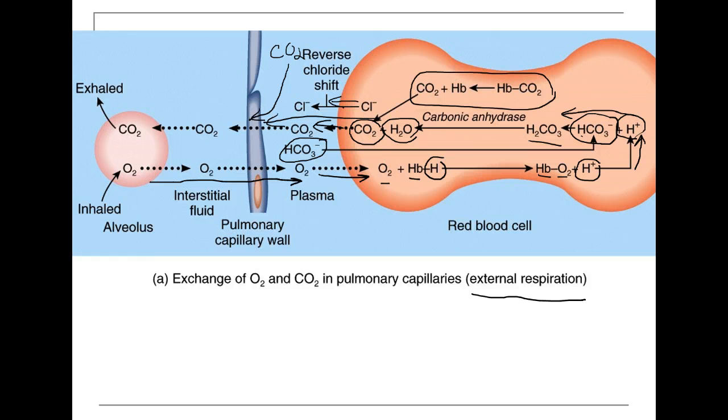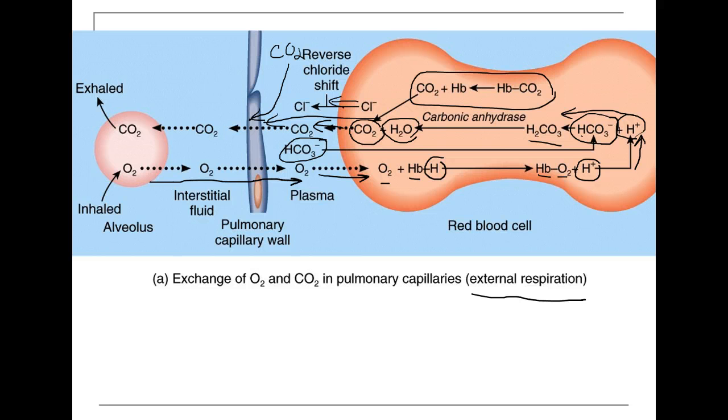Now that was a lot to go through in one quick go, so you can back up and go through that again. But the beauty of this system, as I see it, is that a lot of times we think of one set of reactions or one set of events where you take in oxygen and you load it into the red blood cells and you deliver it to the tissues, and a completely different set of events where we offload the carbon dioxide.